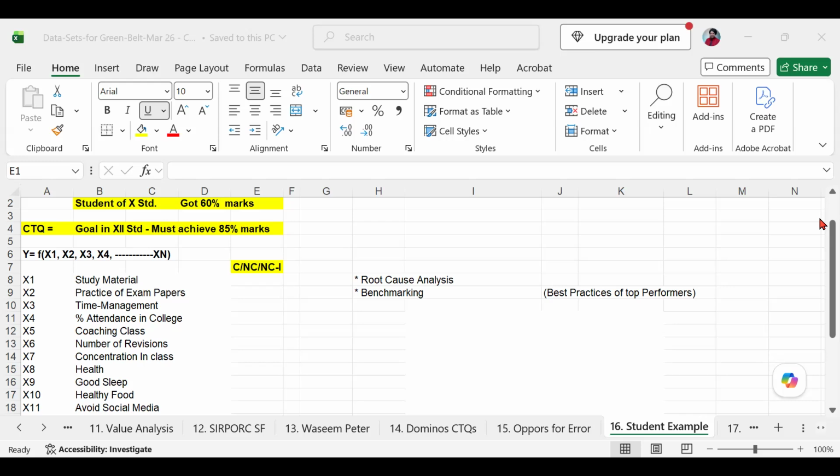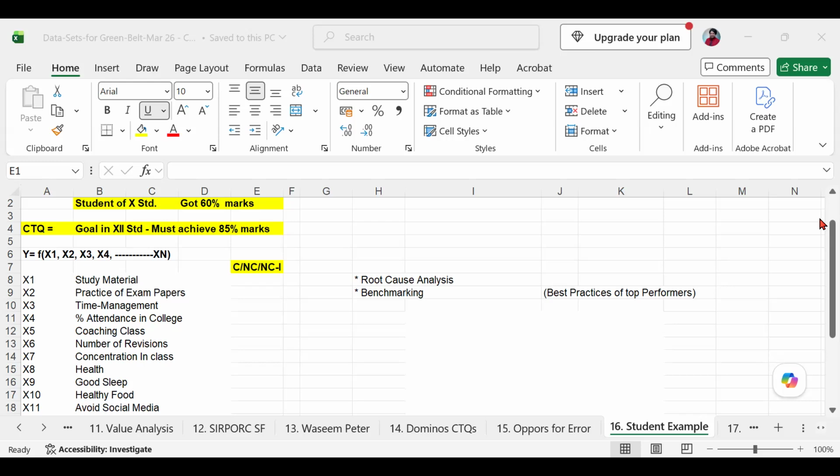Now the CTQ or the output Y depends on number of inputs and factors. So we are talking of inputs and factors. So this output we are writing as Y and inputs and factors we are writing as X1, X2, X3, so whatever up to Xn.